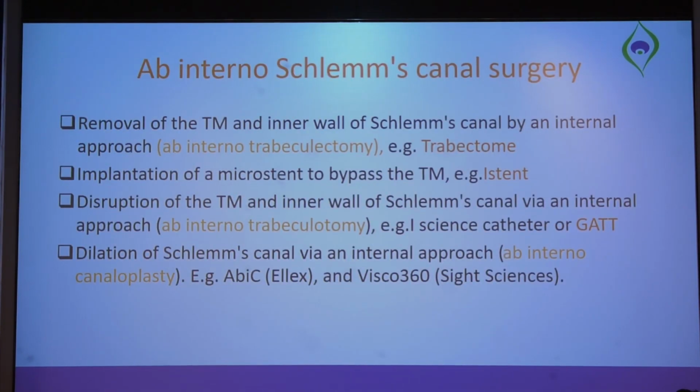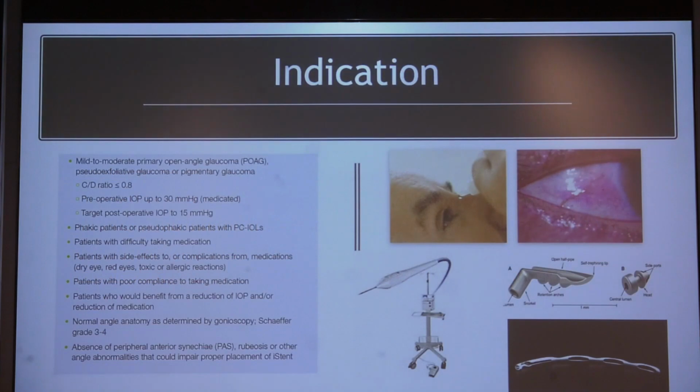Now we have different ab interno Schlemm's canal procedures like ab interno trabeculectomy in the form of Trabectome, micro bypass micro stent in the form of iStent, then ab interno trabeculotomy in the form of GATT, that is using a Prolene causing 360-degree fracture in the trabecular meshwork, and then dilatation of the canal using internal approach, that is ab interno canaloplasty.